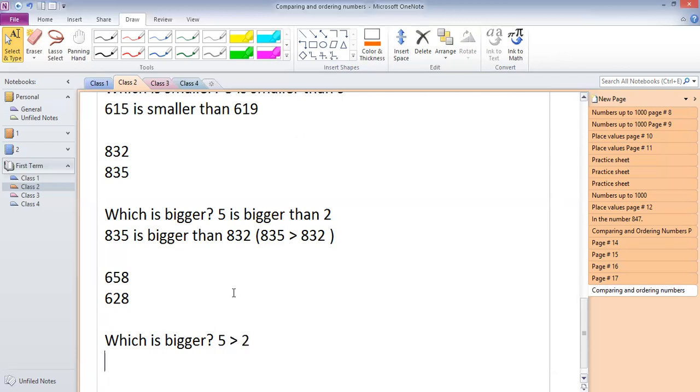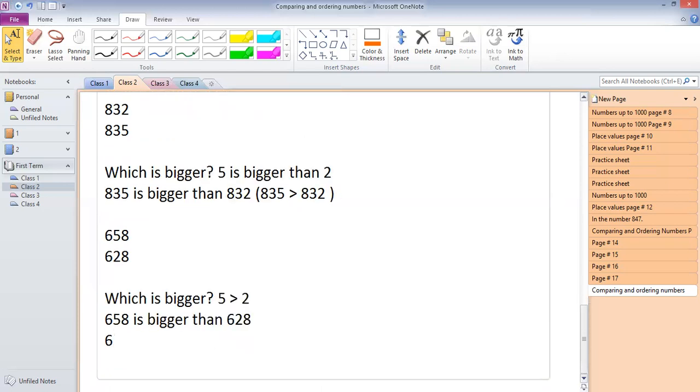That's why you will say that 658 is bigger than 628, or you can say 658 is greater than 628.